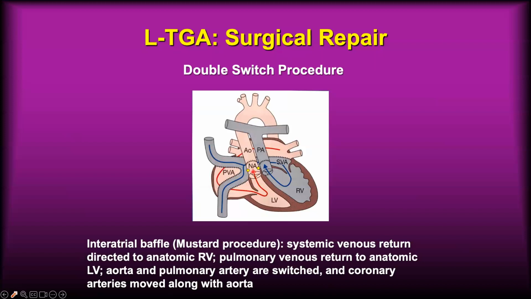This potentially causes issues with pulmonary hypertension. Why would it cause pulmonary hypertension? Getting deoxygenated blood to the lungs from the right ventricle.